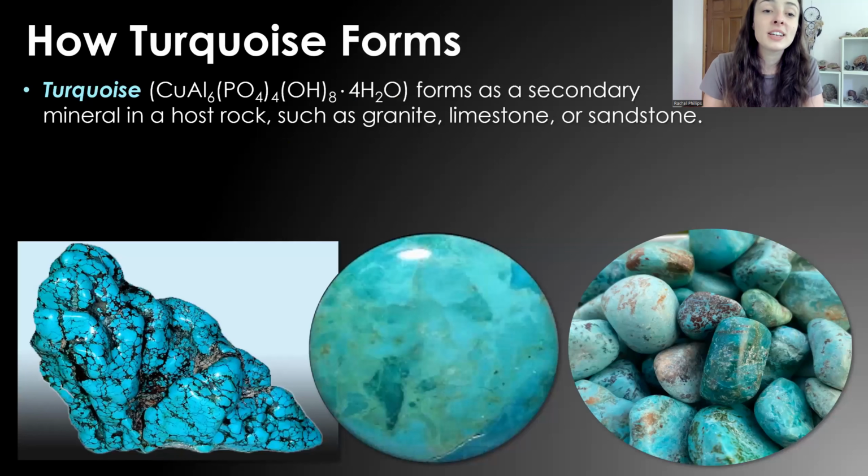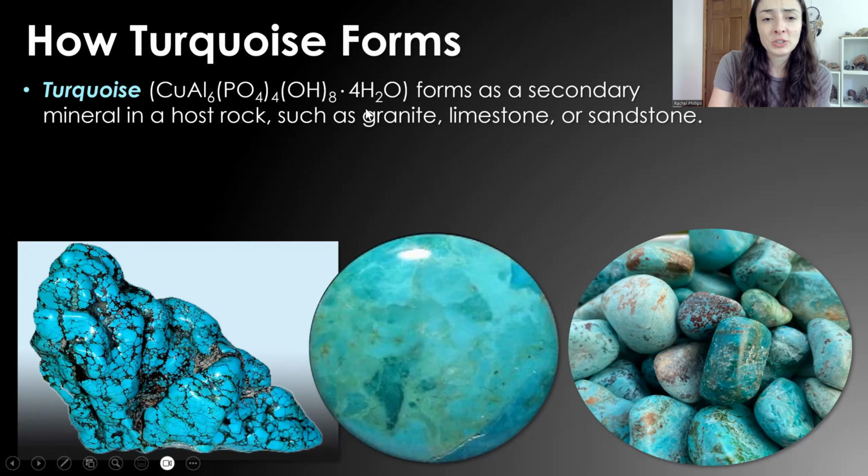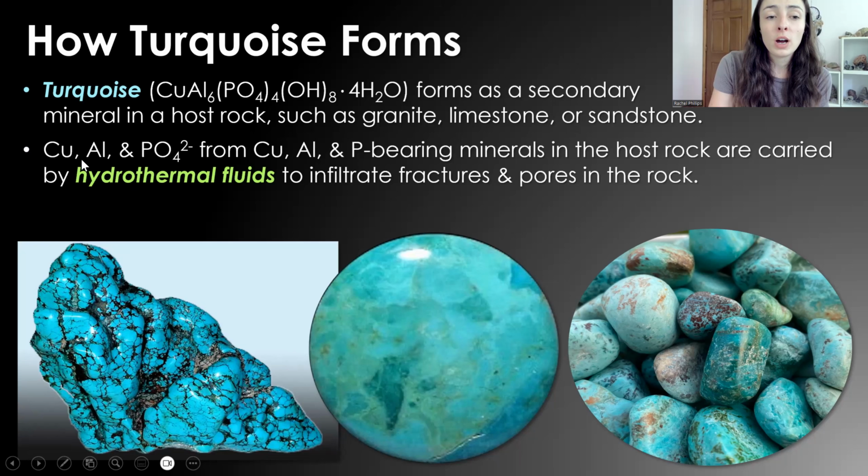Next, we have turquoise. Turquoise is this long copper aluminum phosphate hydroxide hydrated compound here that forms as a secondary mineral in a host rock like granite, limestone, or sandstone. Copper, aluminum, and phosphate from copper, aluminum, and phosphorus-bearing minerals in the host rock are carried by hydrothermal fluids that infiltrate fractures and pores in rock.